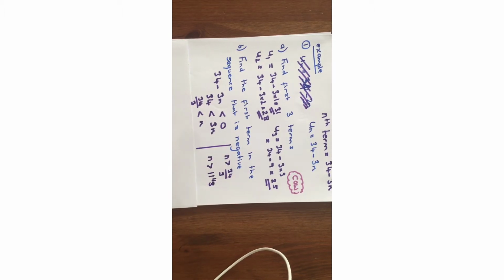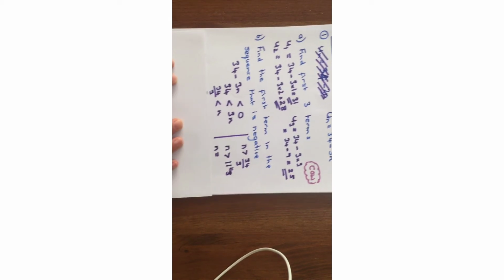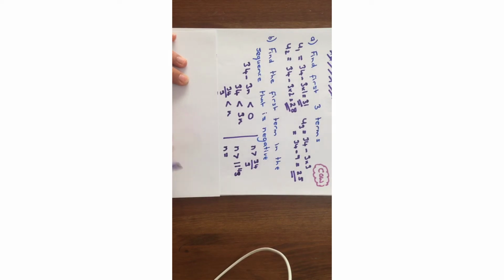So the first term for which the sequence is negative, well, obviously n has to be an integer, okay, because it's the value of the term. So the first value to make the term negative will be when n is 12.